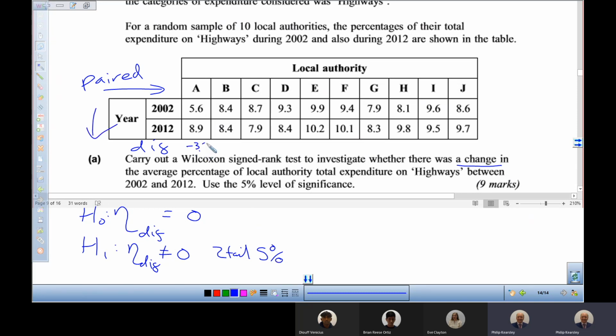Minus 3.3. 0, see you later, local authority B, you're of no use. Positive 0.8, positive 0.9.